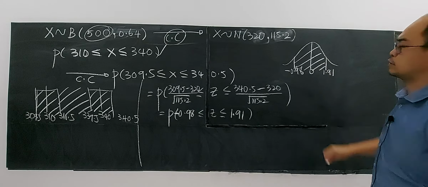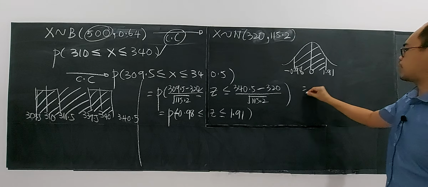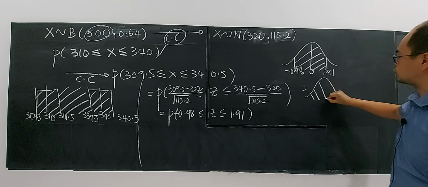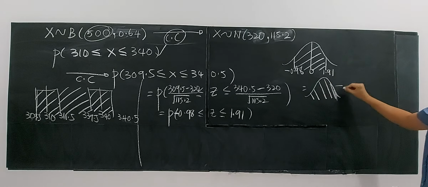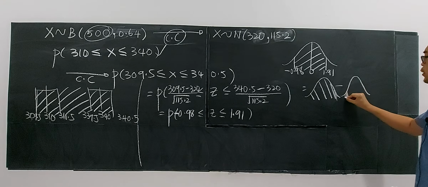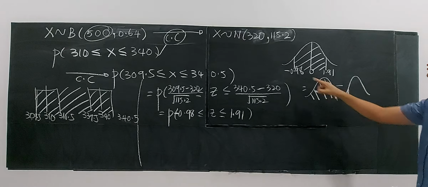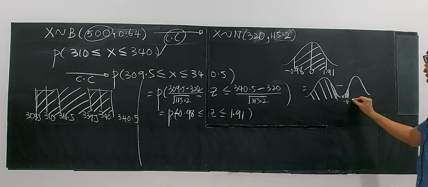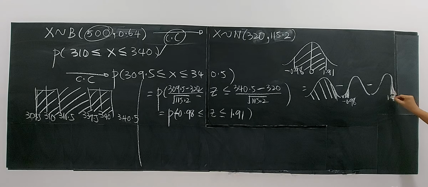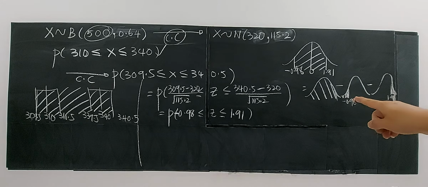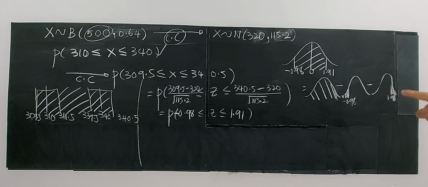This is the same as taking everything, where the total area under the normal distribution is 1, minus away a little bit on the left, which is negative 0.98, and minus away a little bit on the right, which is 1.91. This is the lower tail, this is the upper tail.